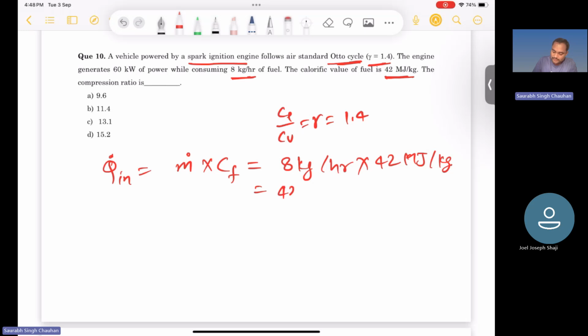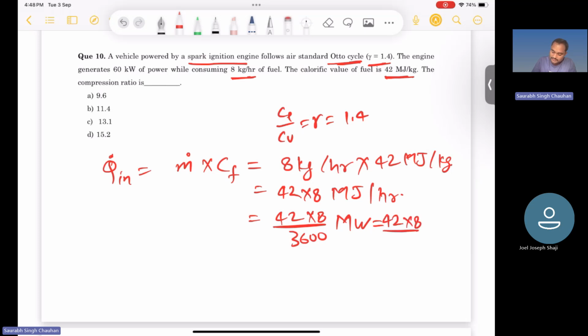So it will be 42 into 8 megajoule per hour, or 42 into 8 divided by 3600 megajoule per second, or megawatt. If you multiply this by thousand, you will get kilowatt: 42 into 8 by 3600 into 1000 kilowatt.